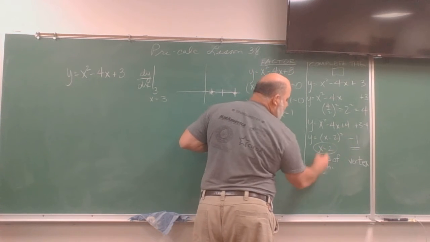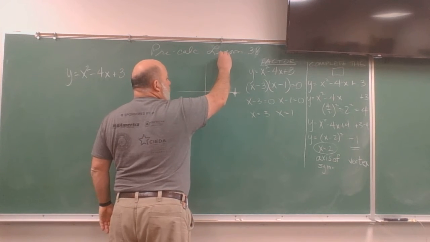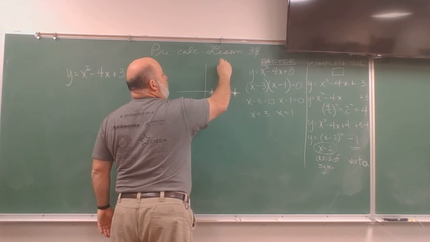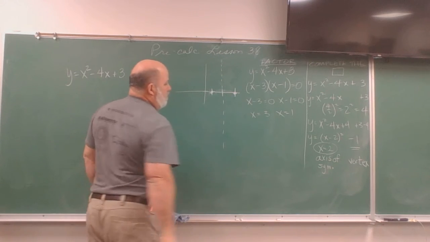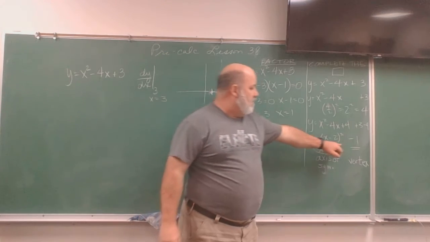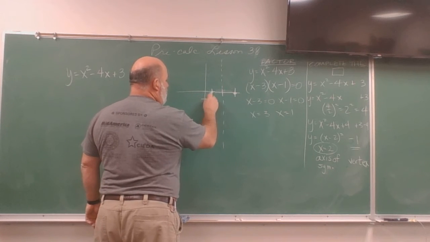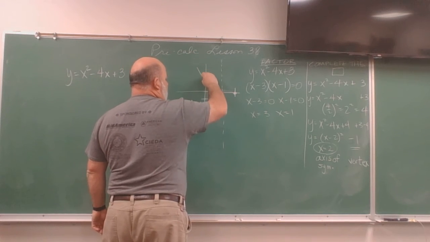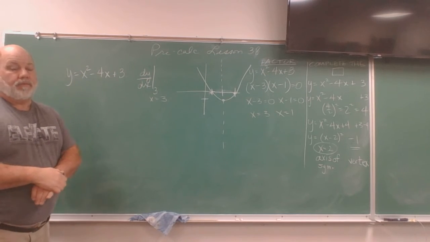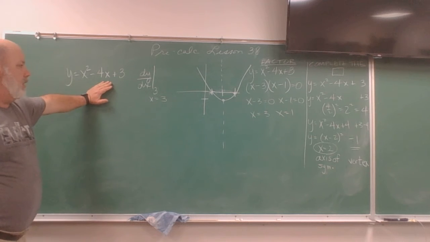That gives me x equals 2 is my axis of symmetry. You remember that. There we go, there's my axis of symmetry. It also tells me my vertex is at -1 on the y-axis. Right there is my parabola.